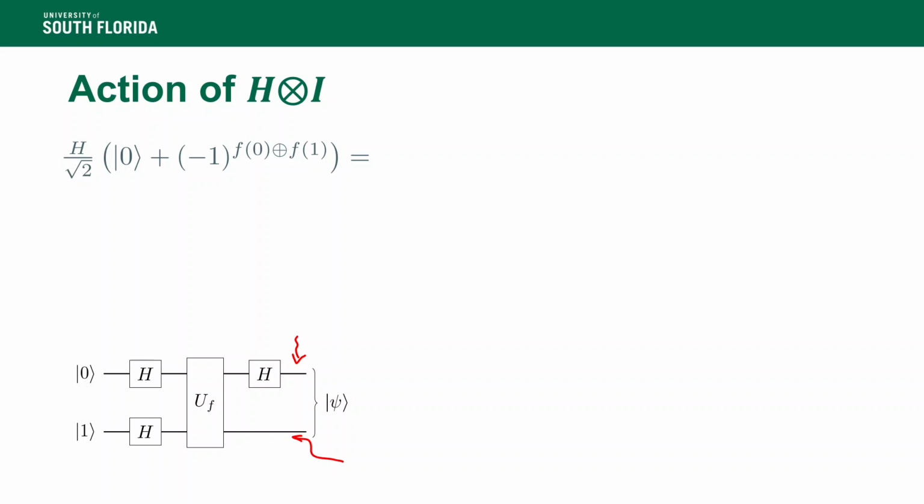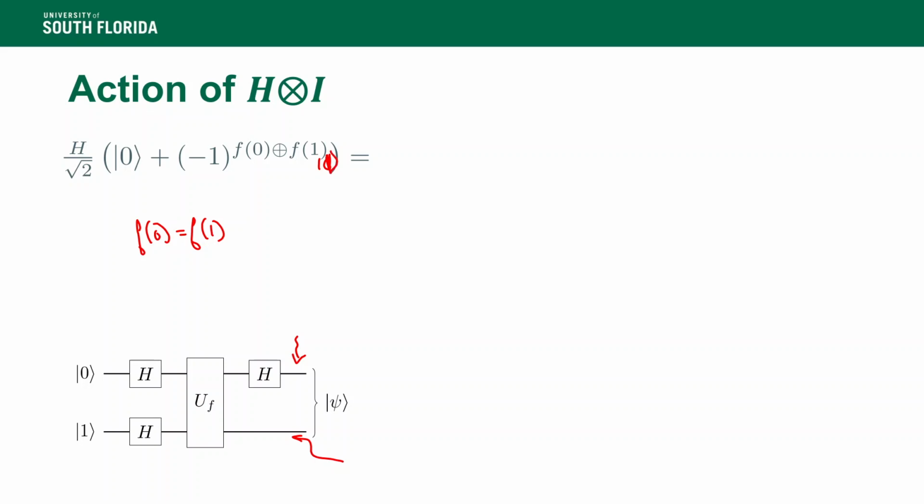The state of that qubit is going to be what we see above. Now, what we have is two cases. We have either f(0) equals f(1), and I apologize for the typo here, so this is times 1.